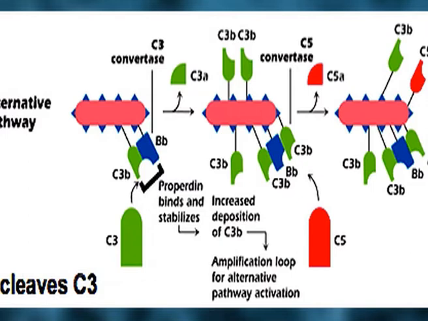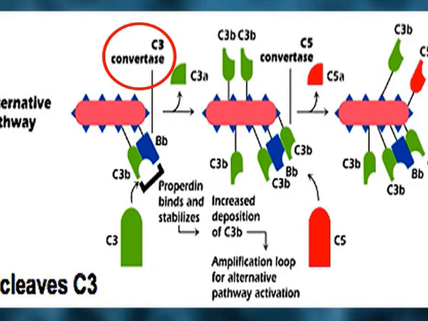This complex is highly unstable and gets stabilized by another alternative pathway member called properdin or protein P, which prevents spontaneous decay of Bb from the enzyme. This relatively stable C3bBb complex is a potent C3 convertase, capable of cleaving C3 into C3a and C3b.